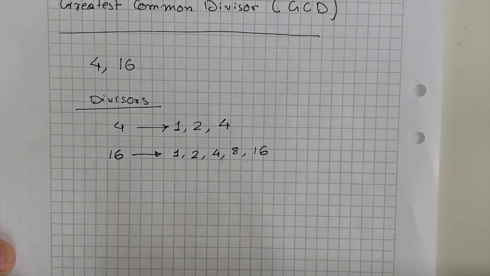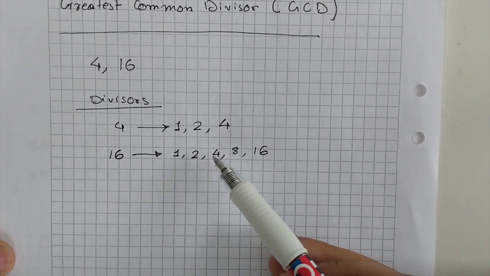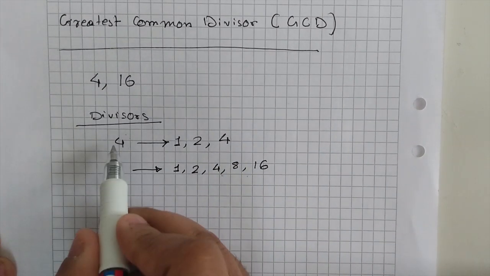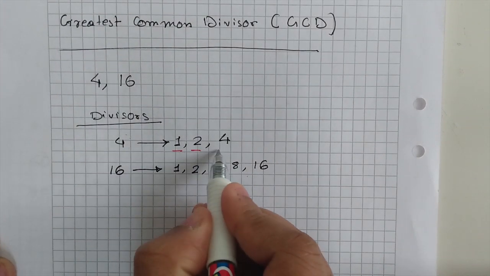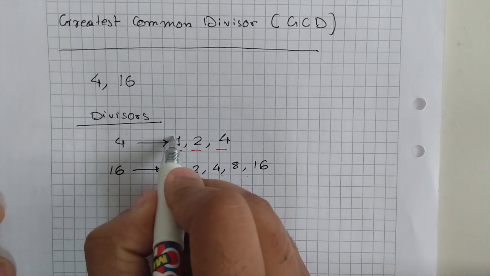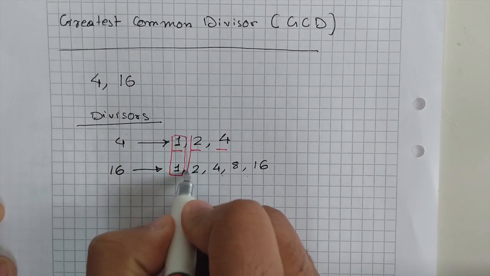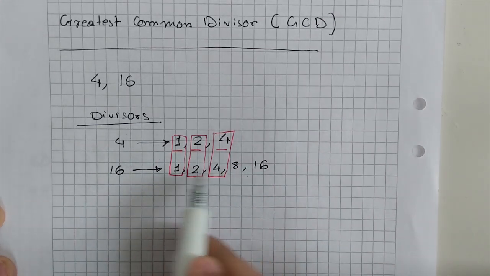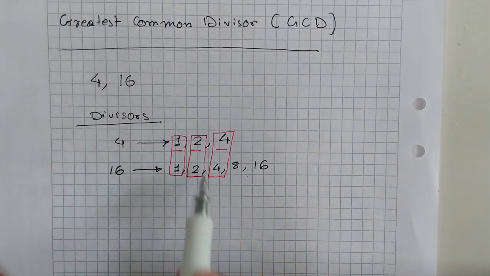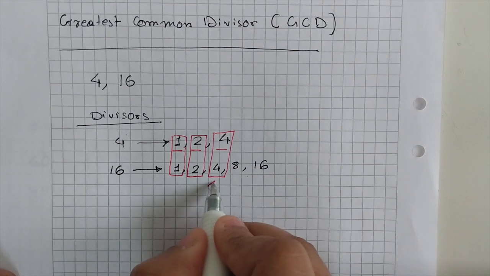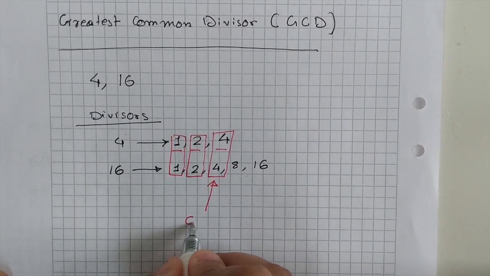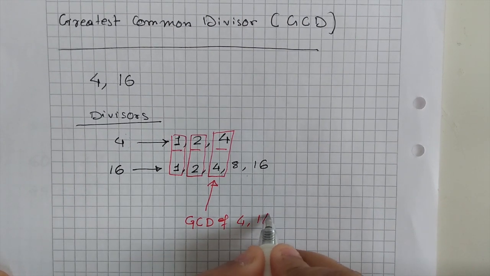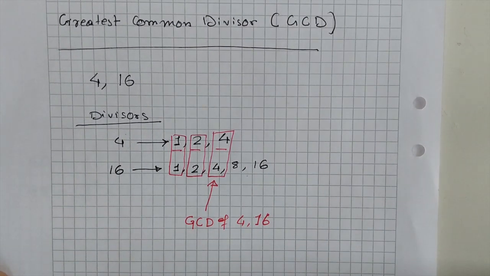Between these two numbers, 4 and 16, which one is the greatest common divisor? The common divisors between 4 and 16 are 1, 2 and 4. You see that 4 is the greatest one, so we can say that 4 is the GCD of 4 and 16 taken together.